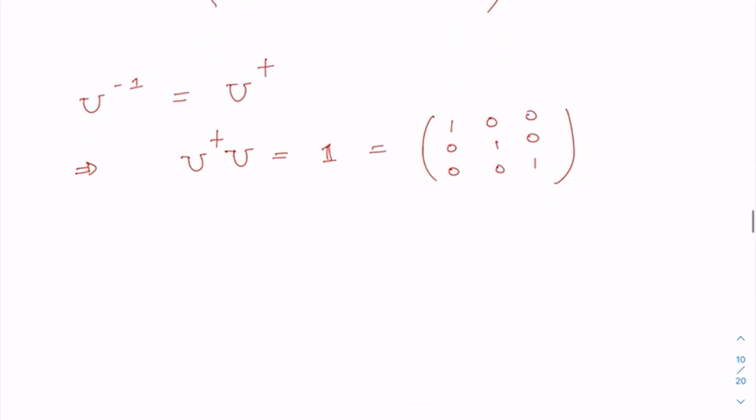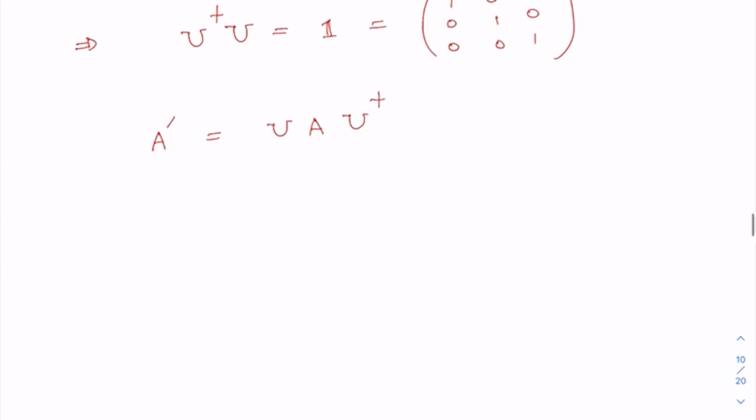Finally, the matrix A transforms under this unitary transformation as follows. A dash would be equal to U A U dagger. So let me quickly do it. U is equal to, we have 1 by root 2, half, half, 0, 1 by root 2, minus 1 by root 2, minus 1 by root 2, half, half.